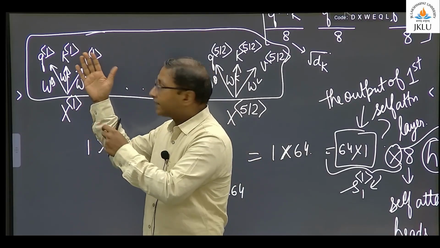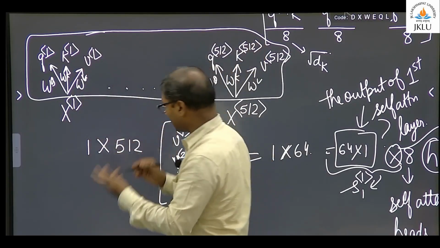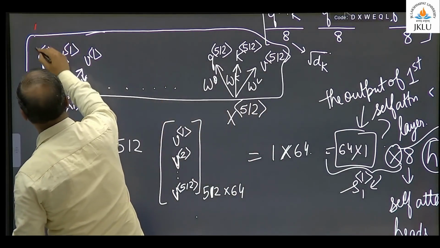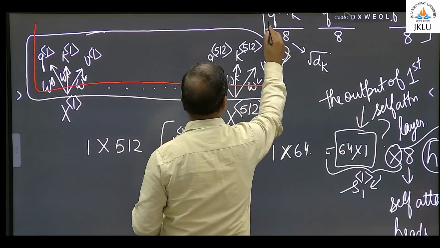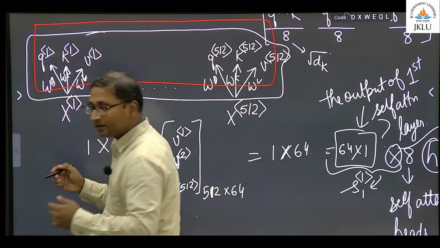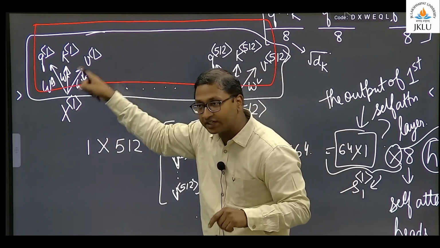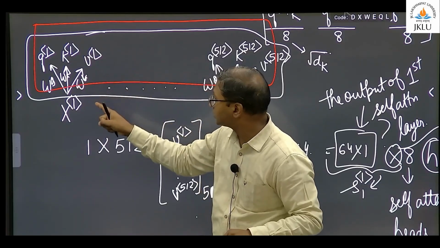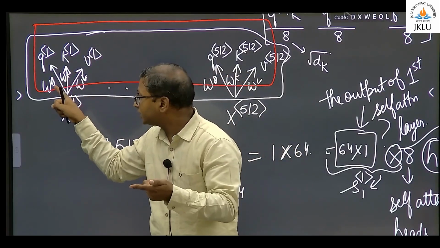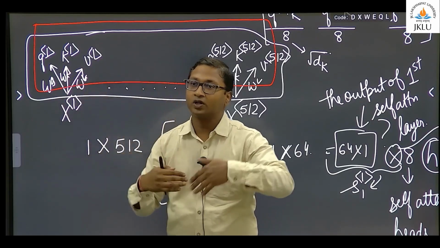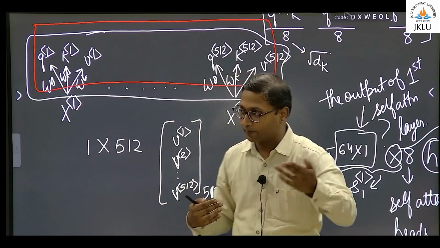Now take another plane at the back of it. So you have kind of 8 depths, each depth doing the same operations, but for the second depth you will have different parameter matrices WQ, WK and WV. Then for the third depth you will have different parameters.